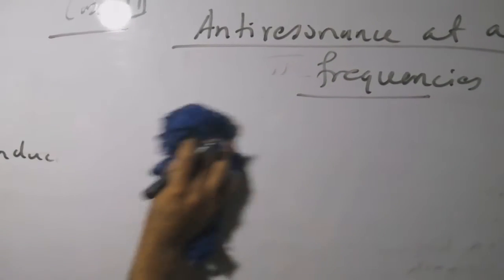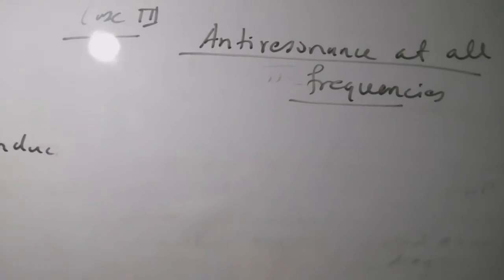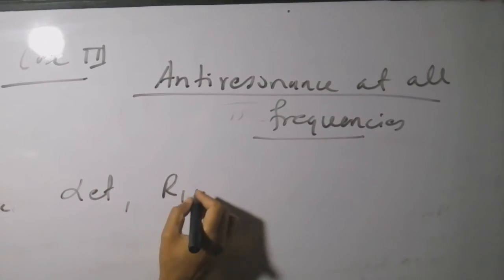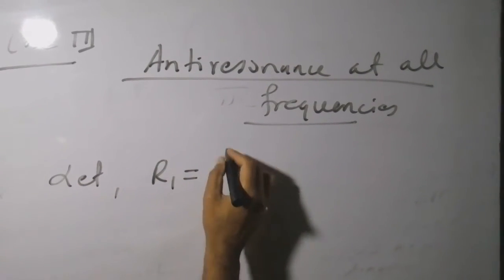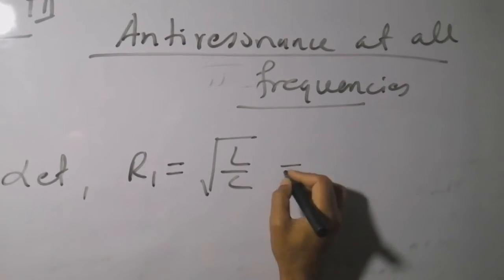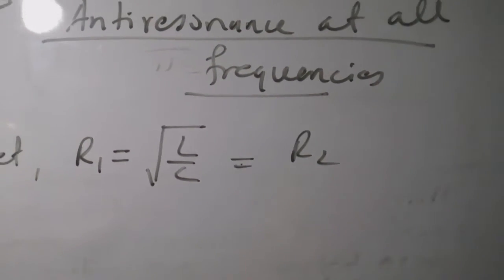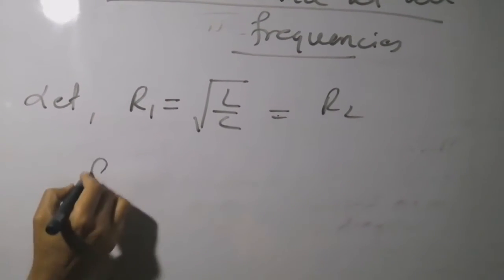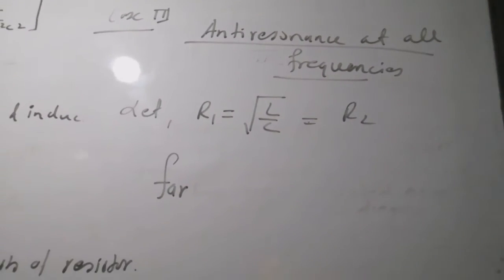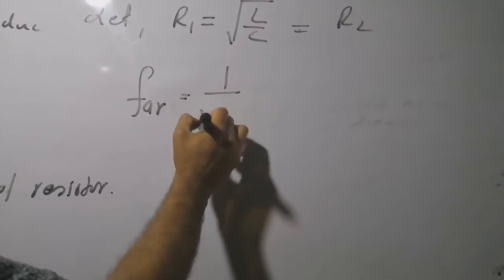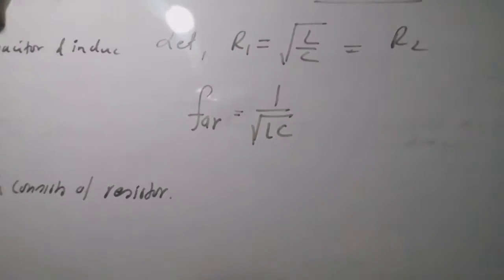Okay, so we take this value. Let's assume the value of R1 is root of L over C, and R2 also has the same value, root of L by C. If we put this value in the resonant frequency in the general case, our resonant frequency formula was L minus CR1 square. So let me write what I get. I don't know what I get, but let's see, something interesting will be here.